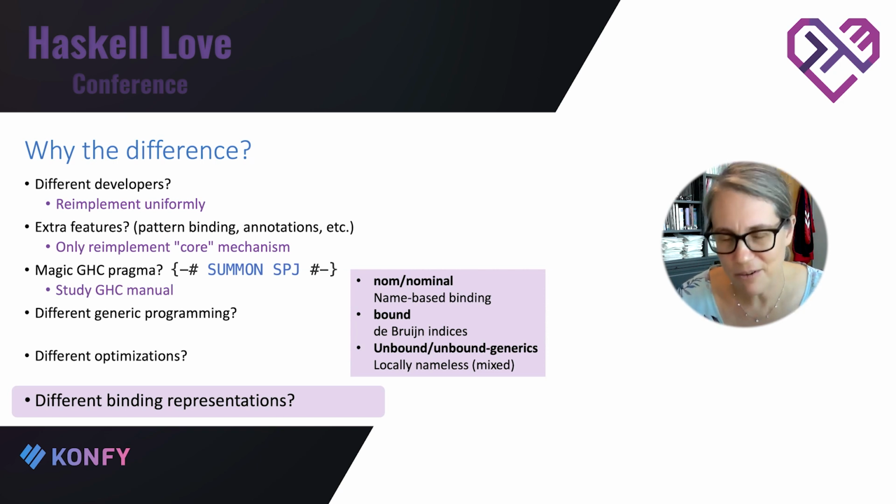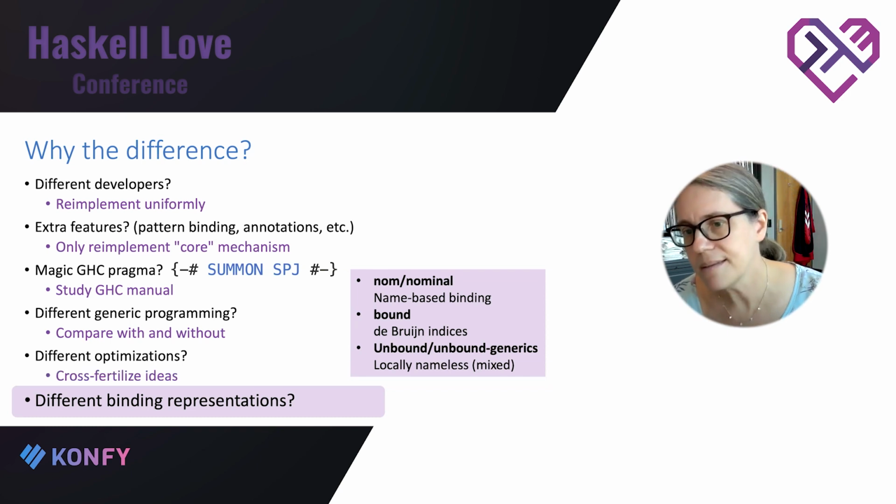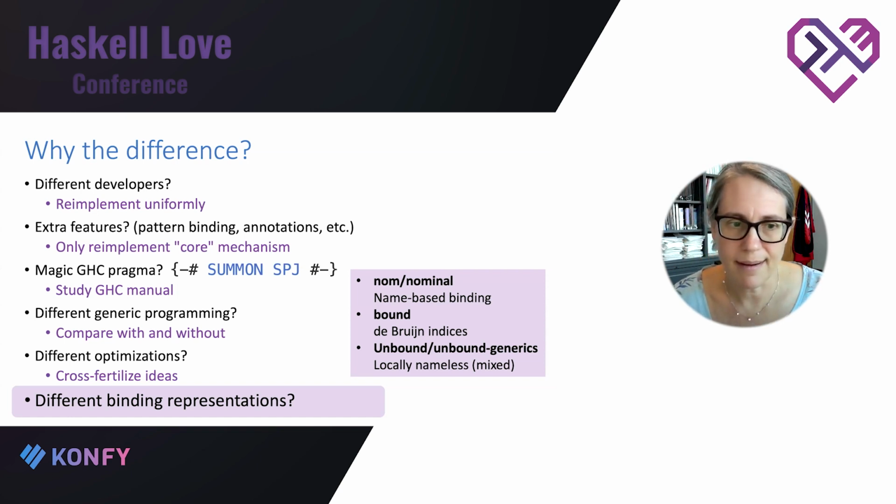Maybe I'm going to find that magic GHC pragma to make it all work. I'm going to look at the impact that generic programming has on these different approaches, and benchmark using generic programming and not using generic programming. And I'm going to try to optimize these three fundamentally different approaches to variable binding and see if there are some ideas that can cross-fertilize between these different representations.